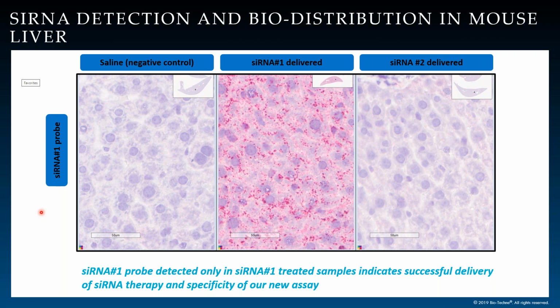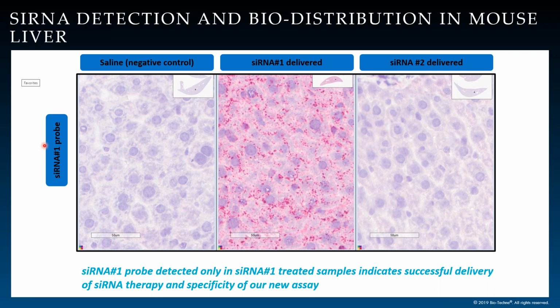So in this particular example, the customers had designed two different siRNA-based therapies, siRNA1 and siRNA2, and we utilized our microRNAscope assay to visualize the delivery of these therapies in the target tissue.